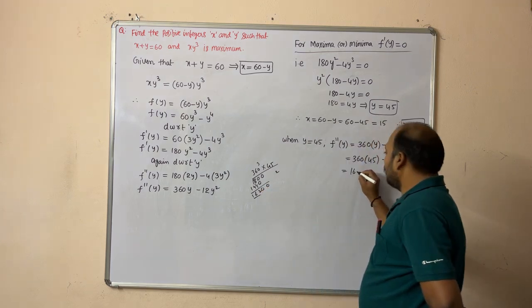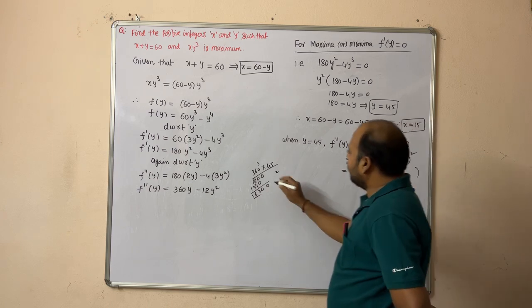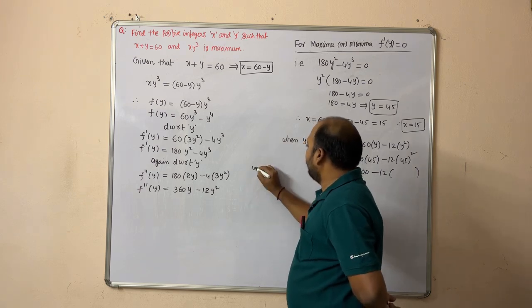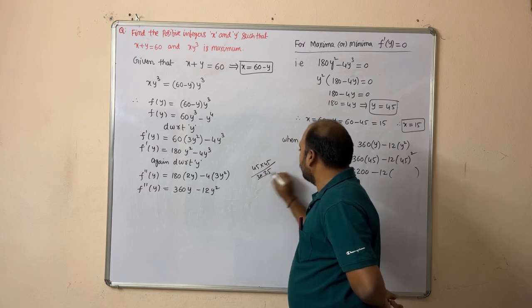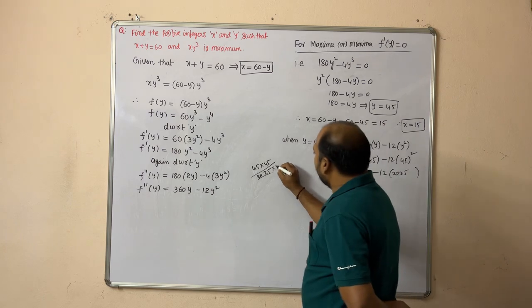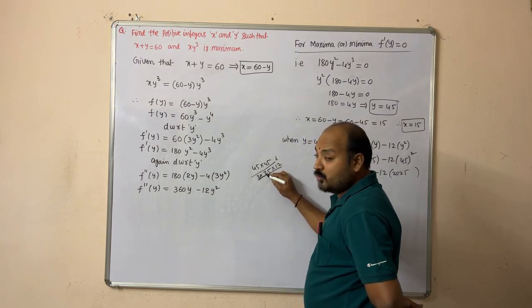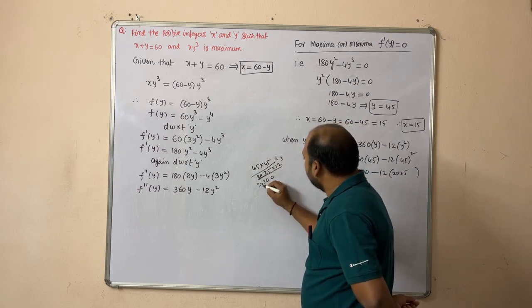That is 16,200, minus 12 into 45 into 45, we need to do that, dear students. 45 into 45 is 2025. Then 2025 into 12 is 24,300.